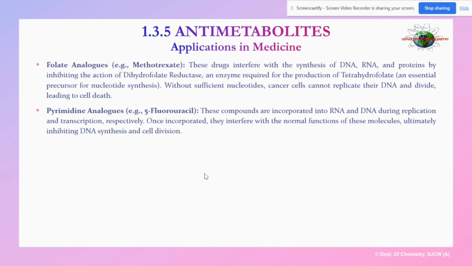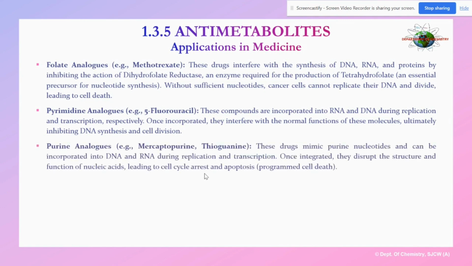As we can understand, these antimetabolites stop cell division. They do not allow DNA replication, so they stop the cell division. Purine analogs. We know that DNA contains purine and pyrimidine bases. So, pyrimidine analogs, example 5-fluorouracil. Purine analogs are mercaptopurine, thioguanine, etc.